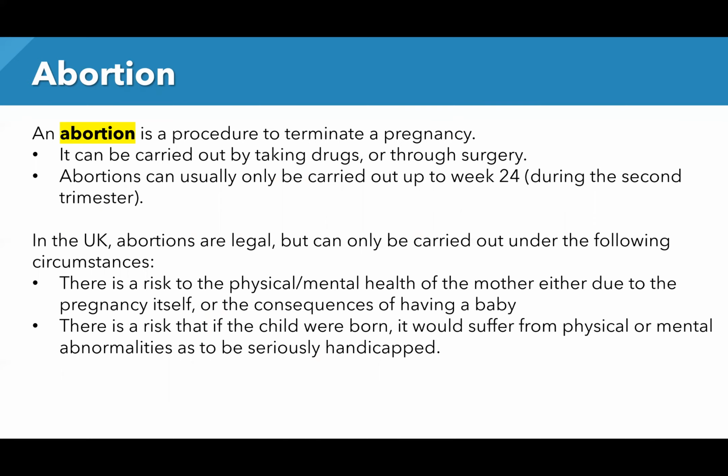So essentially, abortions can only be carried out if there is a danger to the mother or a danger to the child. And in order to avoid these dangers, terminating the pregnancy would be a possible solution.